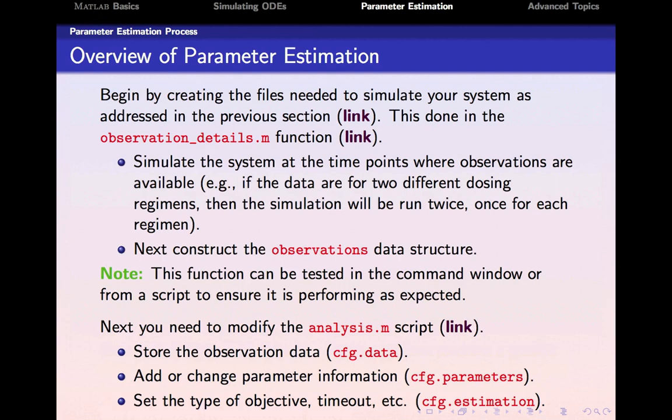This is what observation details is. Then we have to construct the observations data structure. Remember, you can test observation details from either the command window or from some script to ensure that it's performing the way that you want it to.